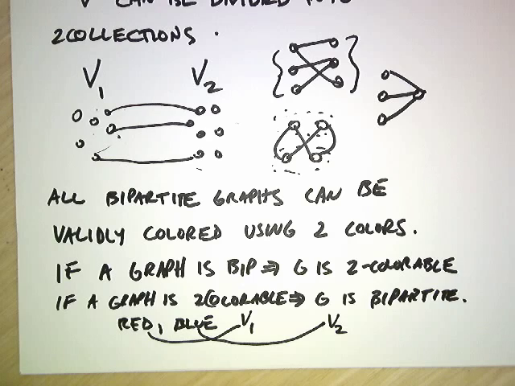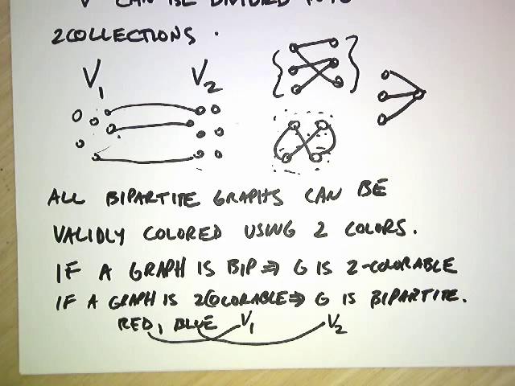Since it's validly colored, there are no edges among the red vertices, so there are no edges among vertices in V1. And again, since it's validly colored, there are no edges among the blue vertices, so there are no edges among the vertices in V2. So the edges can only connect vertices from V1 to V2 and vice versa. So this proves that being bipartite is equivalent to being two validly colorable.